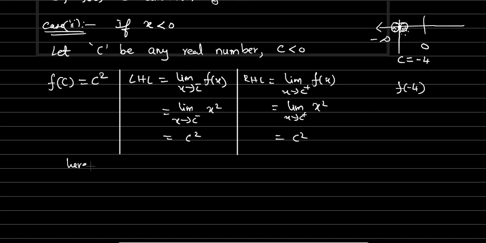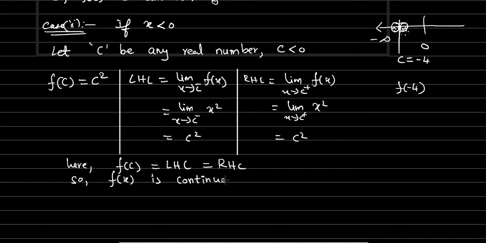Now here f(c), the left-hand limit and the right-hand limit, everything coincides. So f(x) is continuous. Where is it continuous? If x is less than 0.